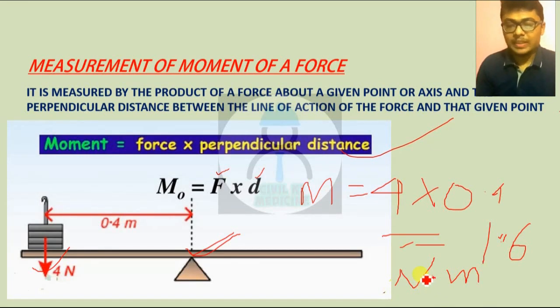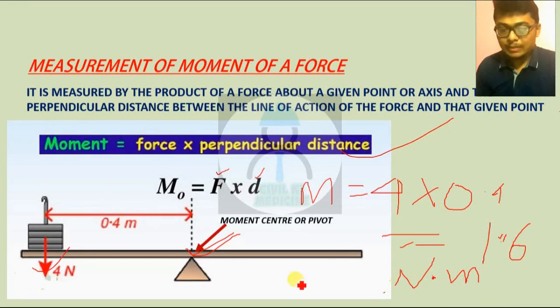Okay, see, this point is called the moment center, center of moment, or pivot. That means the point about which we have to find the moment is called the moment center, pivot, or center of moment.